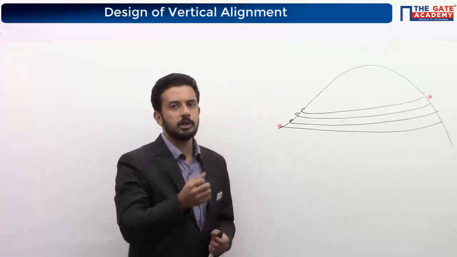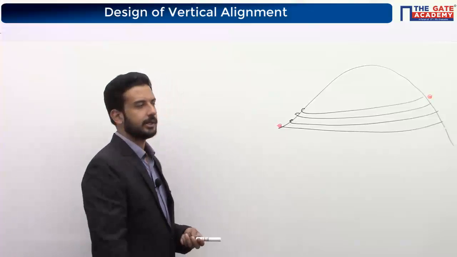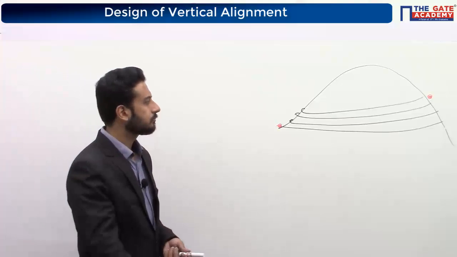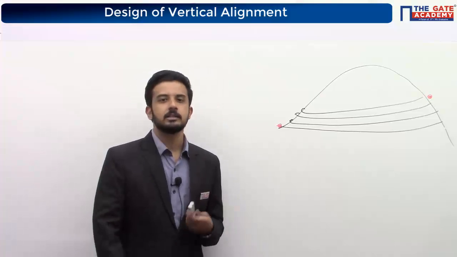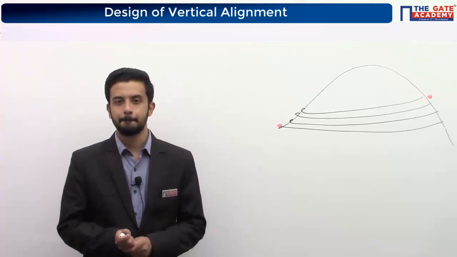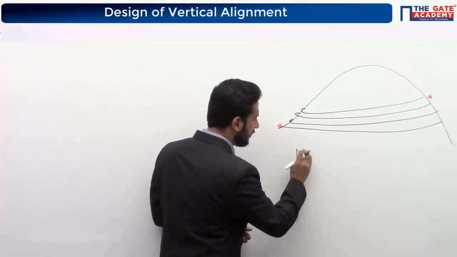So there is a resistance on the vertical curve. Whenever you are turning the vehicle on a curve, there is a resistance on a horizontal curve also. Actually speaking, it's not that important, but you can note it down.